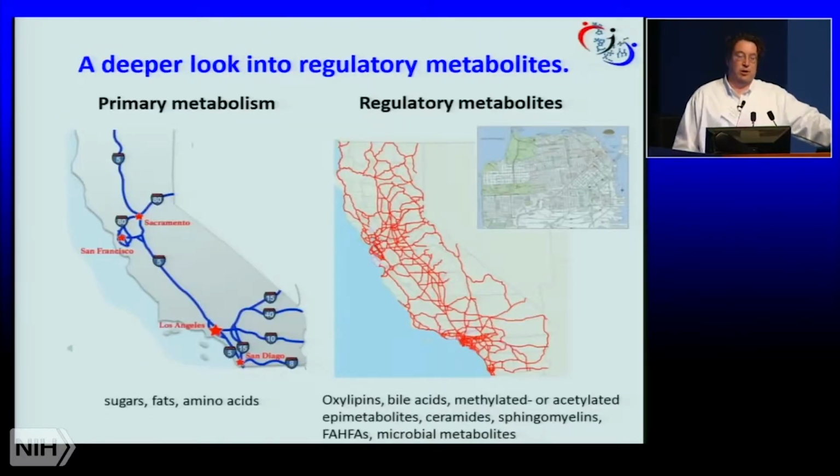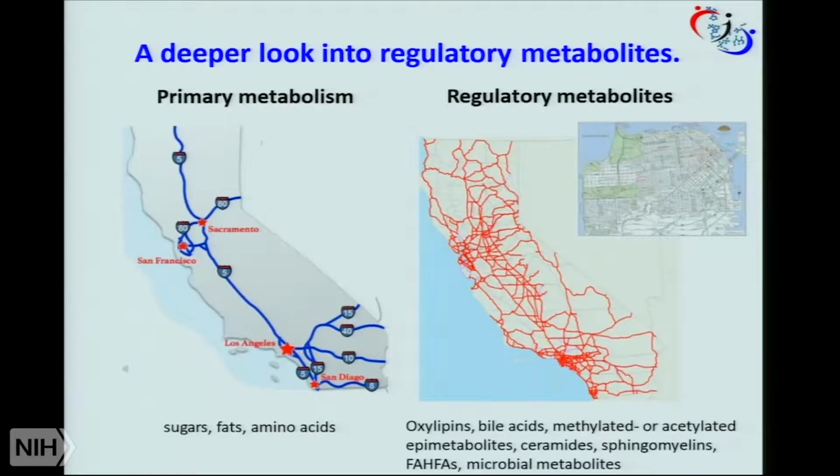So let's have a deeper look. This is the state of California, and we see here Sacramento is the capital of the state, so that's where the influx is of water, and also politics, I guess. Then you see San Francisco, that's where the pentose phosphate pathway is, so they make a lot of money there.